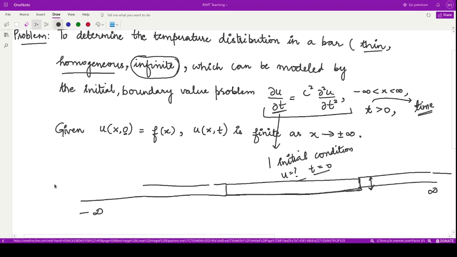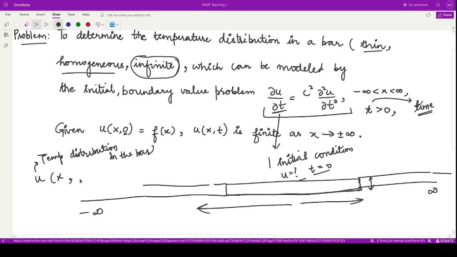Whenever t is 0, u, which is your temperature distribution in the bar, so this u is a function of both x, which represents the spatial direction along this length, and t, which is time. So u is a function of both x and t. So we are to look at the value of u whenever t is 0. This is given to be f of x in the statement of this question.